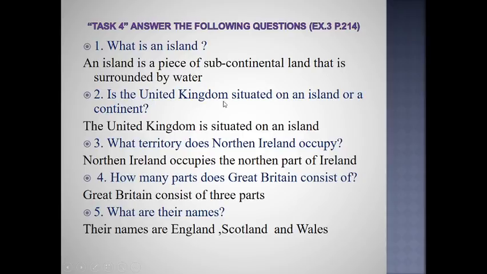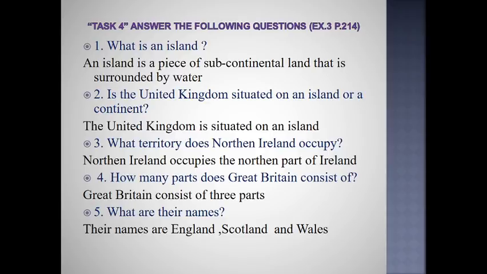Is the United Kingdom situated on an island or a continent? The United Kingdom is situated on an island. What territory does Northern Ireland occupy? Northern Ireland occupies the northern part of Ireland. How many parts does Great Britain consist of?